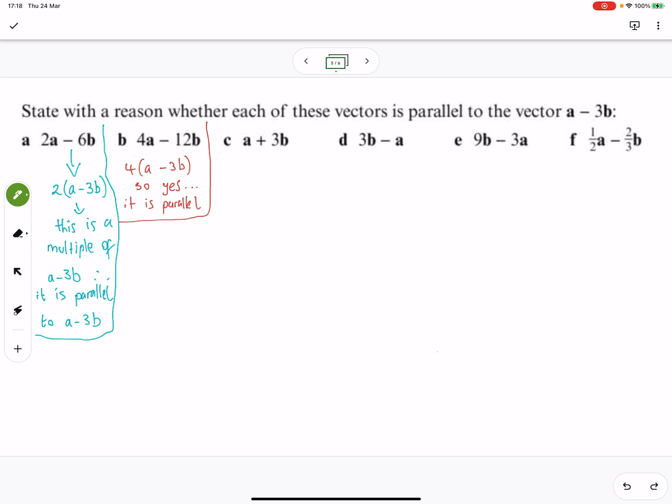A plus 3b is not a multiple of a minus 3b. Yep. So we'd say this is not a multiple of a minus 3b. Therefore, it is not parallel to a minus 3b.